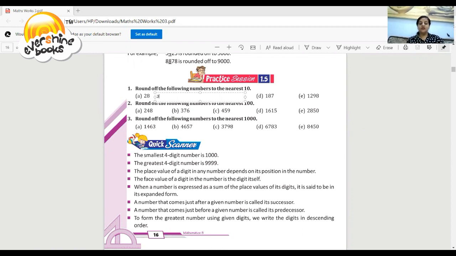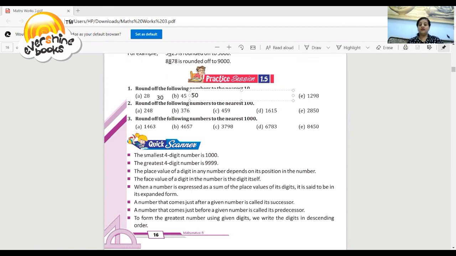That will be 3 and that will be 0. 30. It will be rounded off to 30 because it has 8 at the one's place, so it is more than 5 or more than 4. Now it is 5, it is the middle number, so we will make it 50.